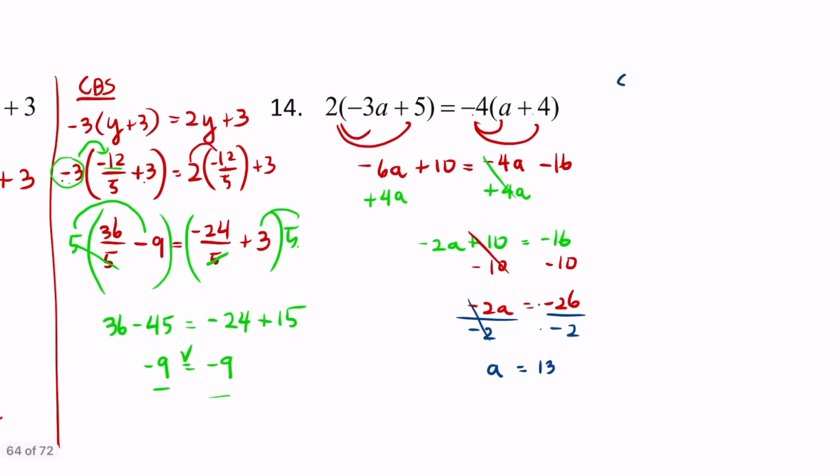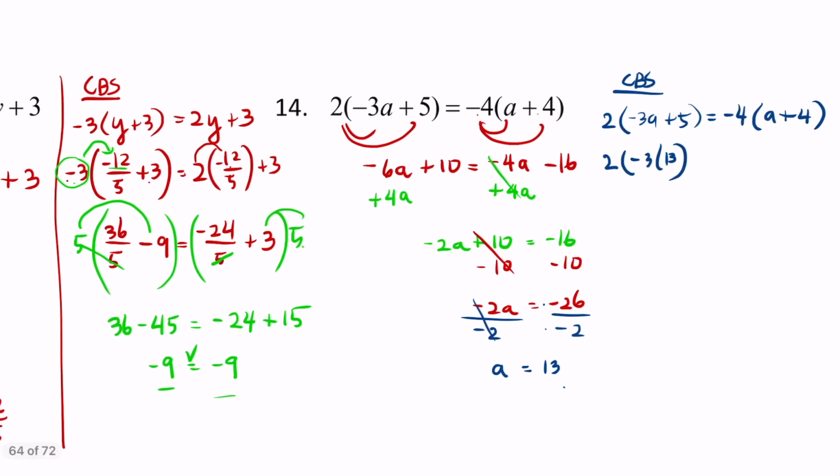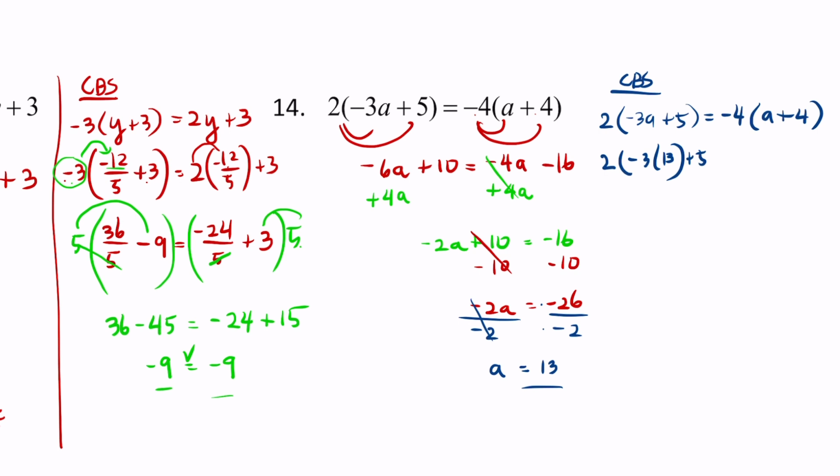So let's do our check by substitution. Okay, so that's 2 times negative 3a plus 5 equals negative 4 times a plus 4. Okay, so let's just substitute what a is. So this is 2 times negative 3 times 13 because a is 13, plus 5 equals negative 4 times 13 plus 4.